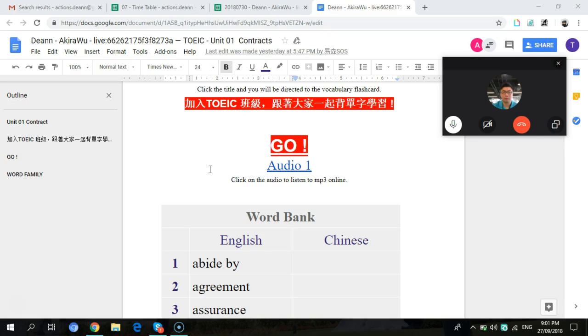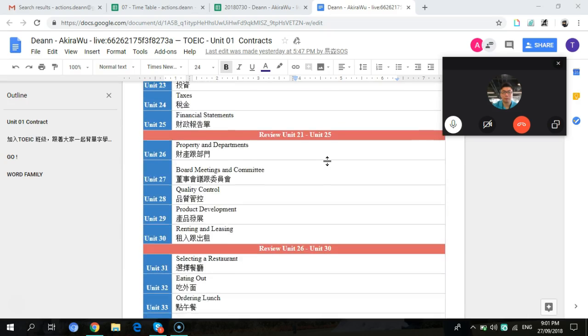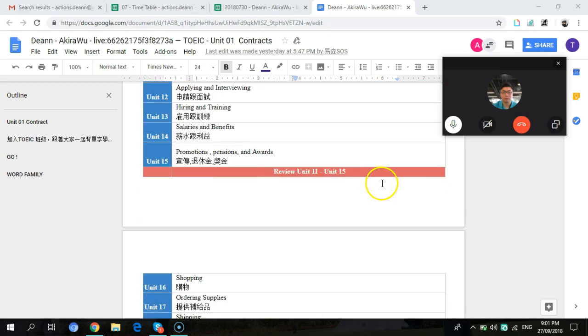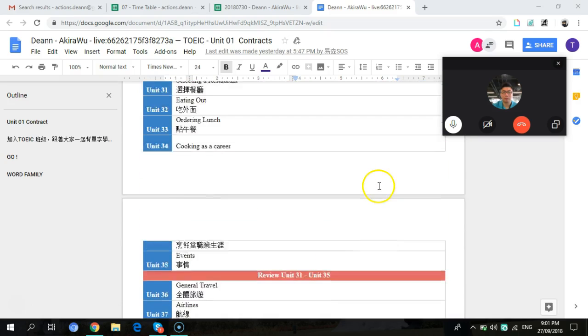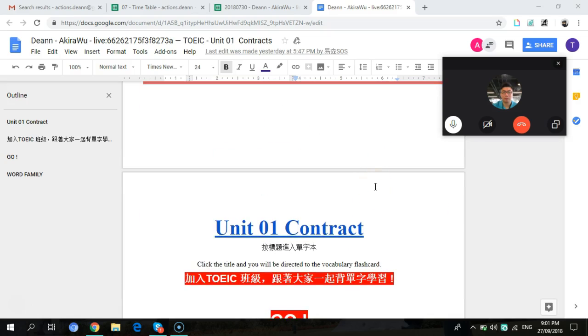Yes. Okay. So your lesson will be in Unit 1 of the TOEIC vocabulary. You will be learning words related to the topic contract.